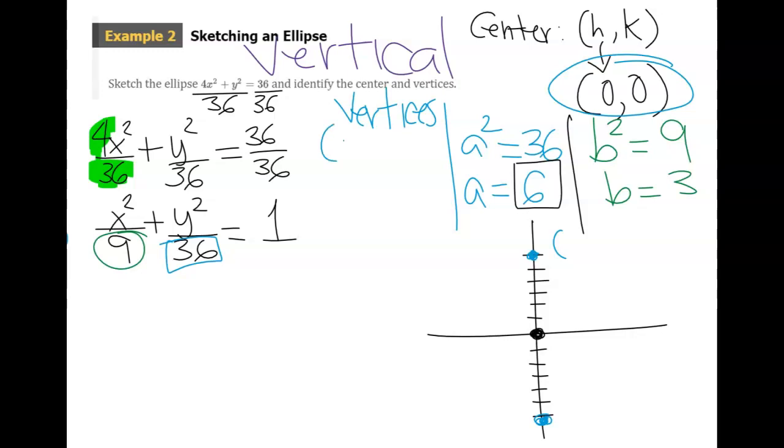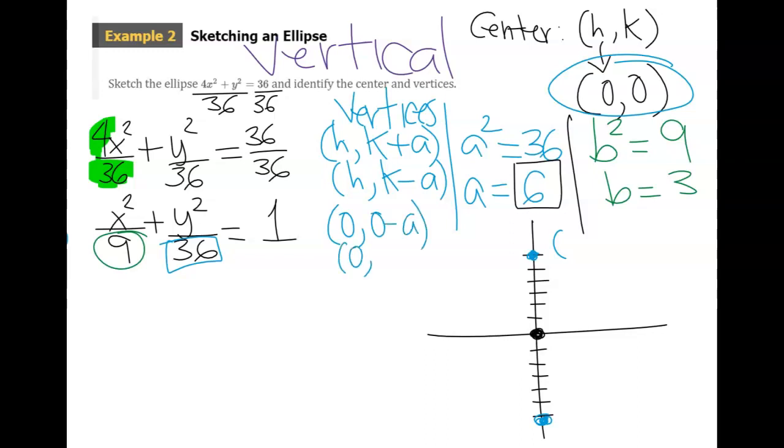So this will be H comma K plus A, and then H comma K minus A. And we said because H and K are 0, we're going to have 0 comma 0 minus A, and then 0 comma 0 plus A. So our vertices, you could see they are located at 0 comma negative 6, and the other one is at 0 comma positive 6. There we go.